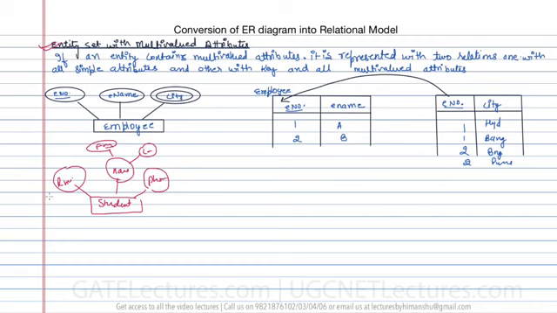Now this roll number should be included in the relation because this will become a primary key. This first name should be included, this last name should be included, but we do not include the phone numbers. Why? Because phone number is a multi-valued attribute. Multi-valued means a student can have more than one phone number.